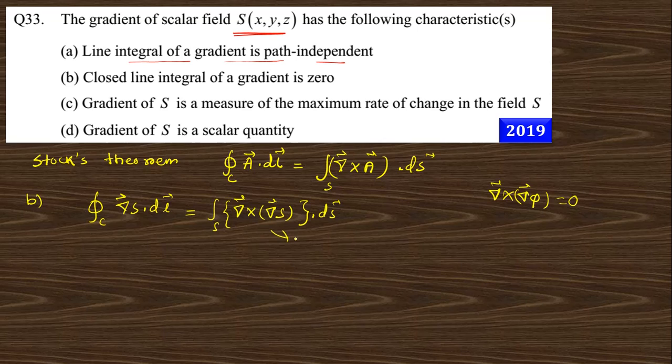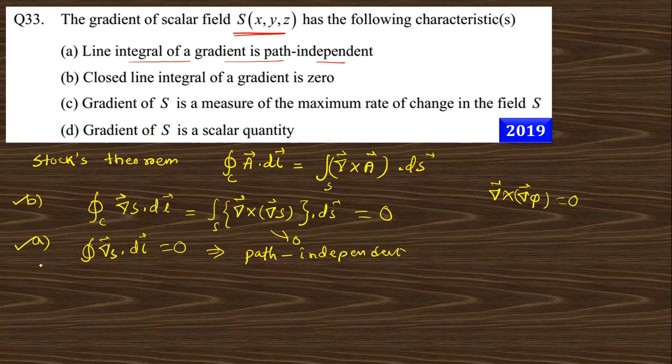So this must be 0. So option B is correct, and option A says the line integral of the gradient is path independent, that means the closed line integral must be 0. This is also satisfied.